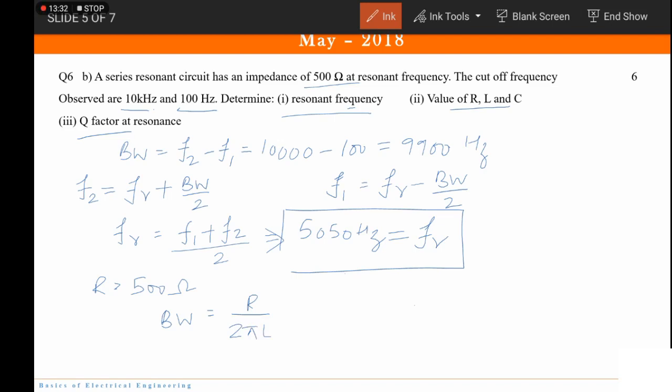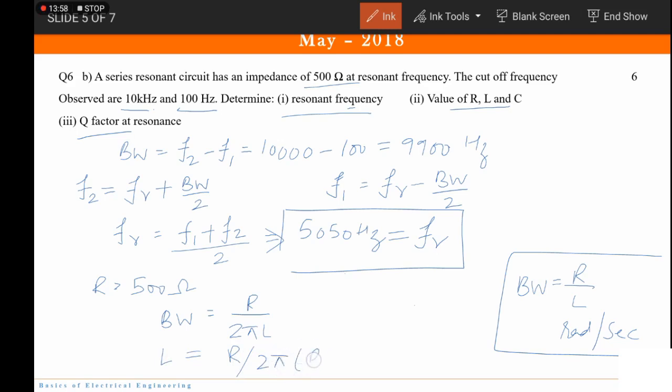If bandwidth is given in radians per second, then it is represented by R upon L. Please remember this, okay? But here we have it in hertz, so we will be using this equation only. So can we calculate L by using this? Of course. So it becomes R upon 2 pi into bandwidth.